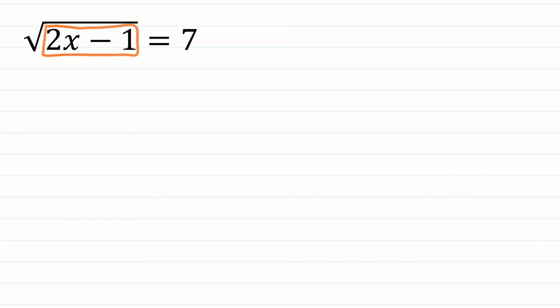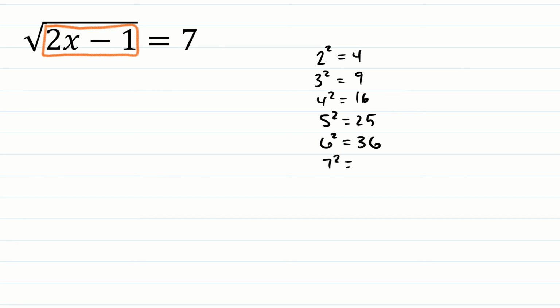And I know because sometimes when I'm not bored, but I want something really exciting to do, I might just start squaring numbers. 2 squared is 4, 3 squared is 9, 4 squared is 16, 5 squared is 25, 6 squared is 36, 7 squared is 49, 8 squared is 64, 9 squared is 81, and I can go on.